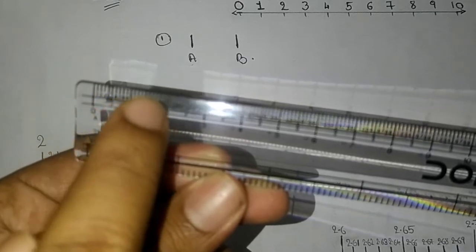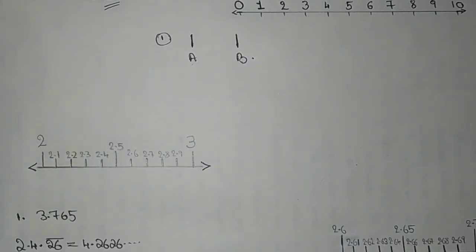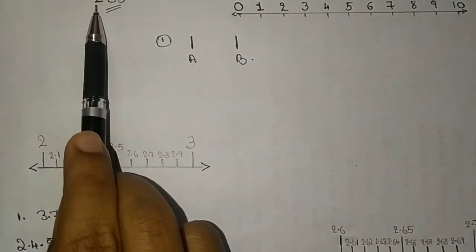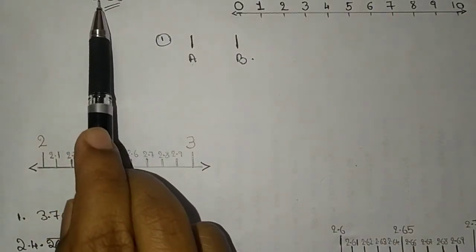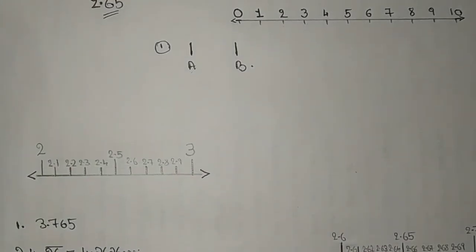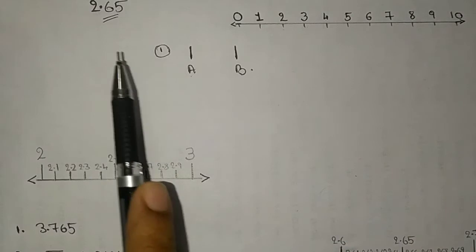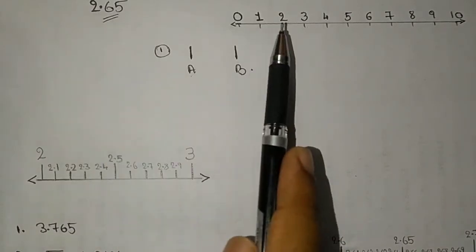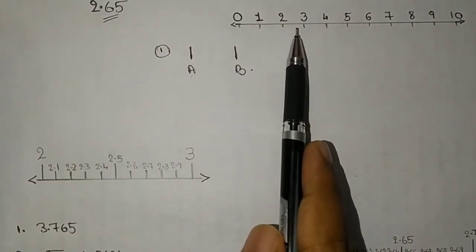You know that the small lines are millimeters. You need to recognize 2.65. First, 2 is here. Then 2.6, which lies between 2 and 3.